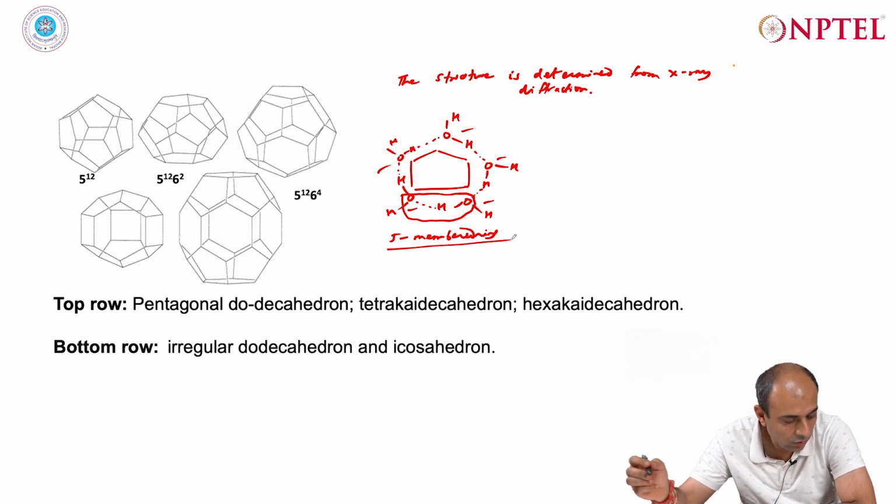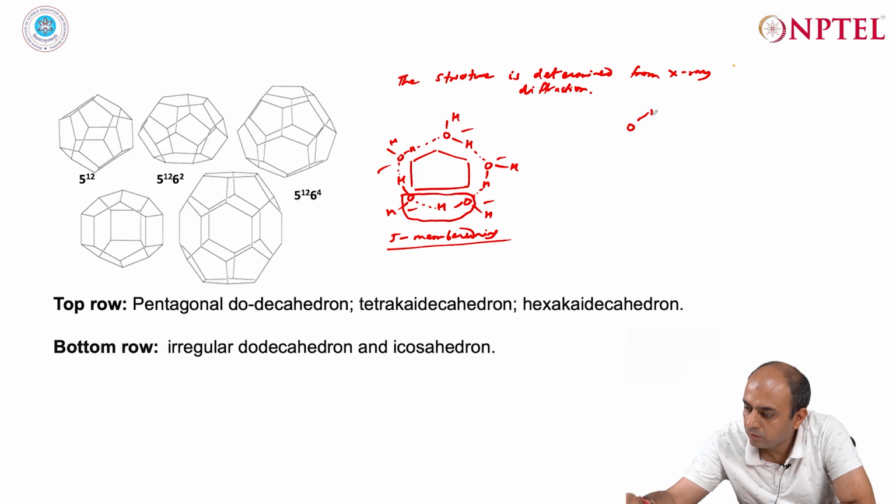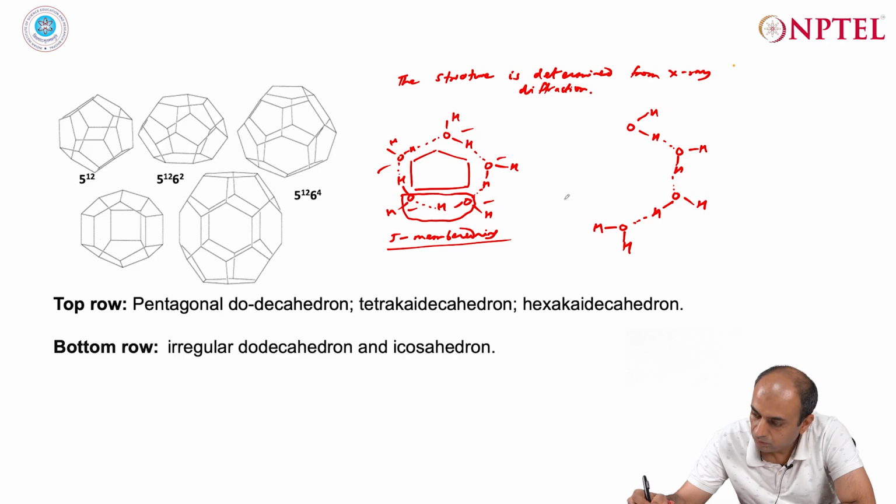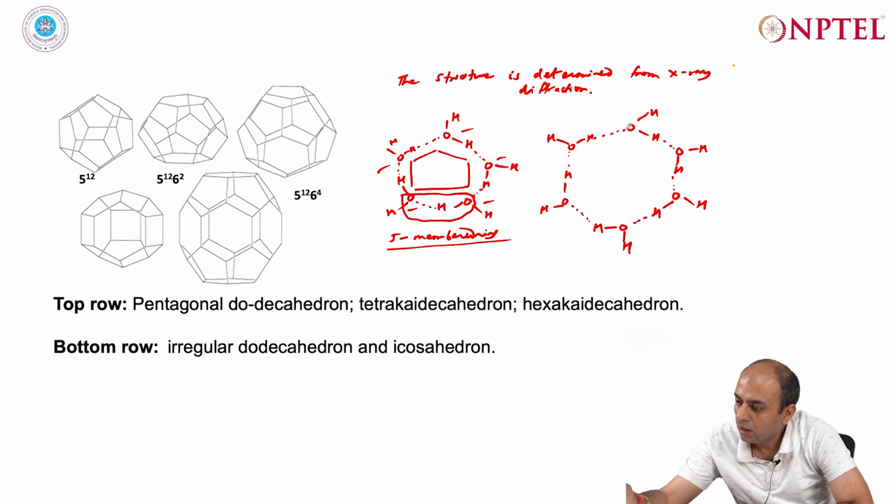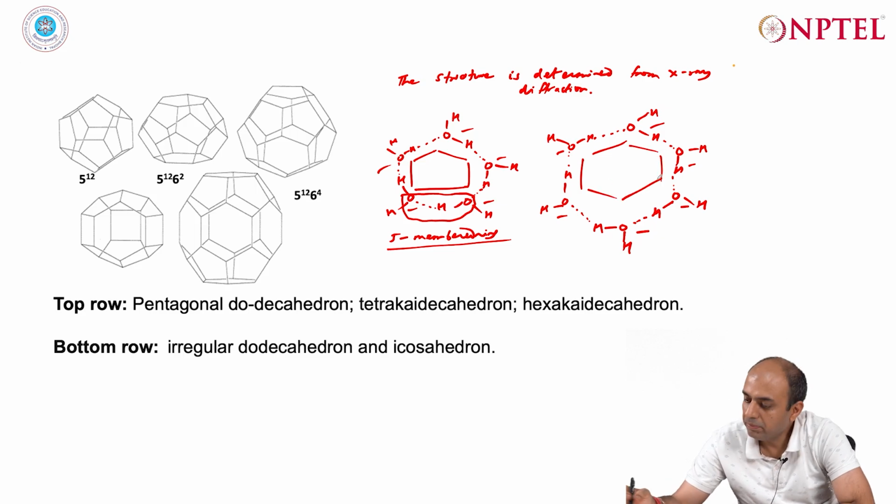In addition to this, it has also been observed that you can have 1, 2, 3, 4, 5, 6 membered rings as well.